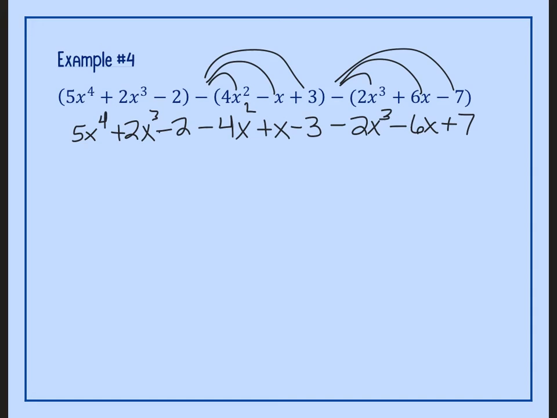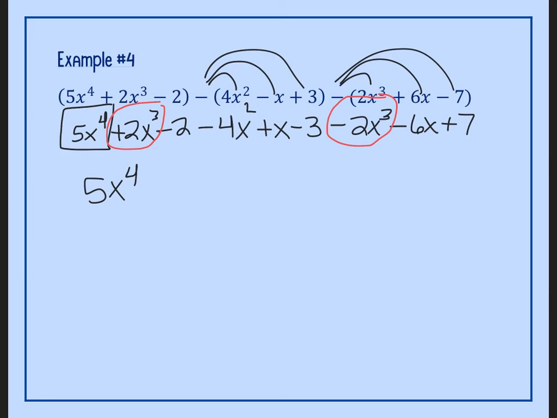Start with your highest exponent, 5x to the 4th. Okay, I don't have any other x to the 4th. Next, I'm going to go to x cubed. I have 2x cubed minus 2x cubes. 2 minus 2, I actually don't have any x cubes left. I'm not even going to put 0x cubed, it's not there anymore.